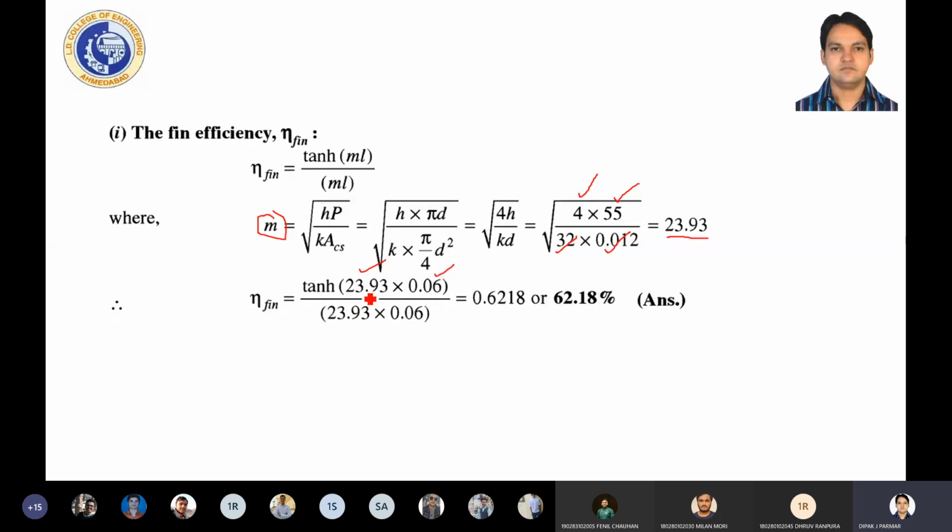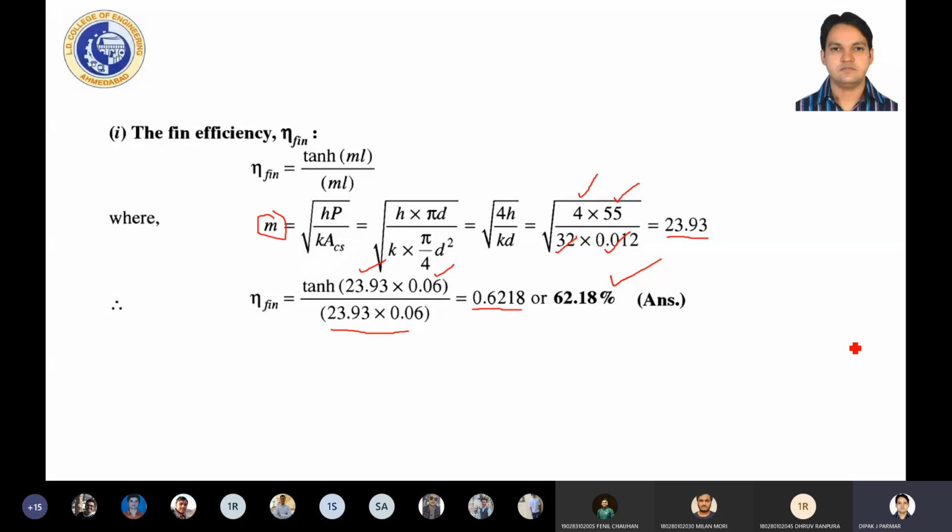So tanh(23.93 into 0.06) divided by mL. If you do the calculation for this, the ratio comes to 0.6218, meaning the efficiency of the fin in terms of percentage is 62.18%. So for this particular data, the efficiency of the fin is 62.18%.